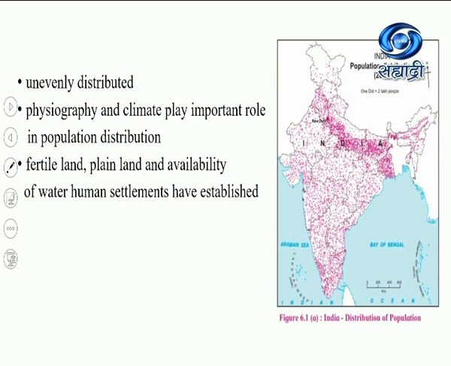Since the land is flat, river is flowing, fertile soil is available, and water is available for agriculture, for fishing, for transportation, that becomes a very important factor for human settlement in this northern plain region. And thus maximum population concentration and maximum population density will be found in this region.